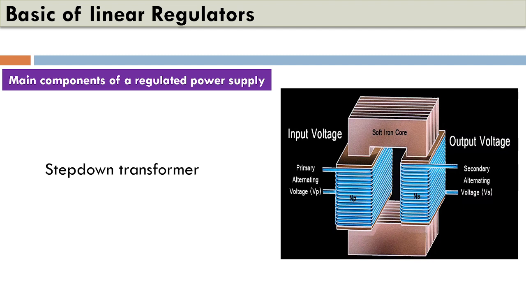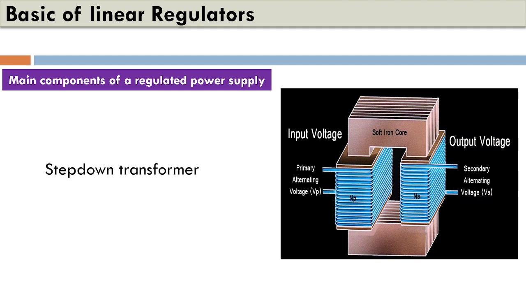So whenever you go to a market trying to buy a transformer, they will be asking you two things: what is the voltage and what is the current ratings. There is another thing that they may ask you, which is whether the transformer is bridge type or center tap type.